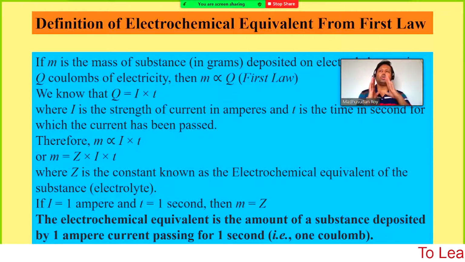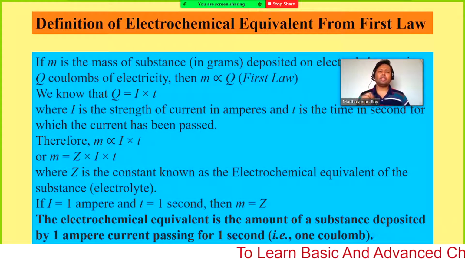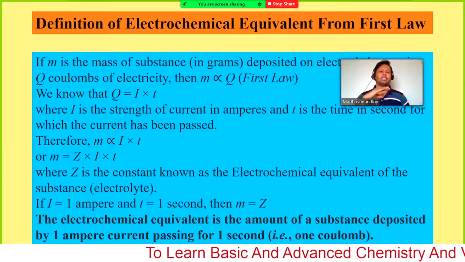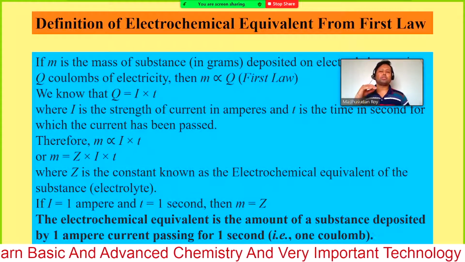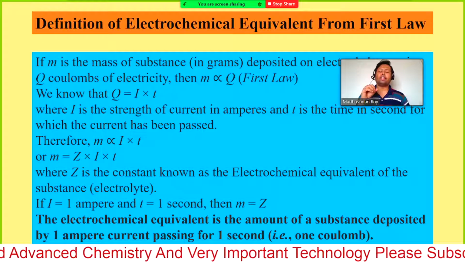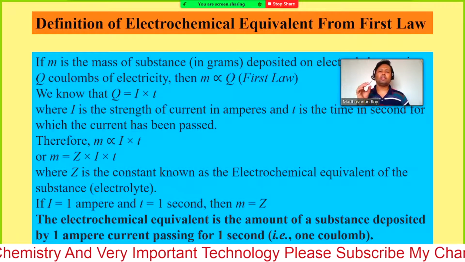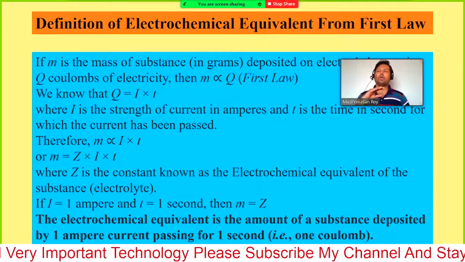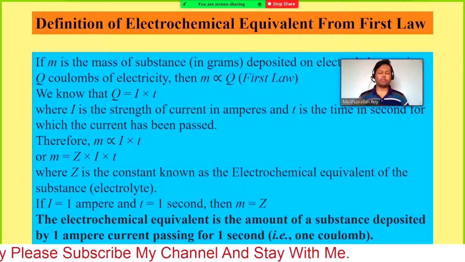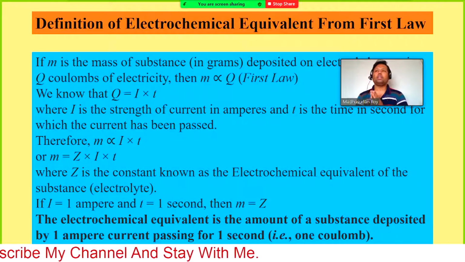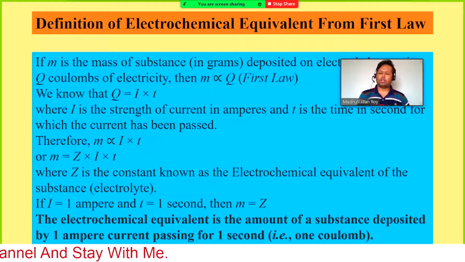That means if you want to compare several metals, you need to have some standard, just like for comparing valency. We always consider the valency of hydrogen to be 1. That means we compare all other elements or atoms by how much hydrogen can be joined or combined, or how much hydrogen can be liberated.